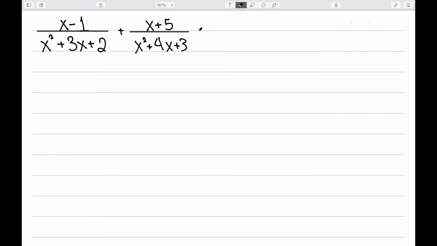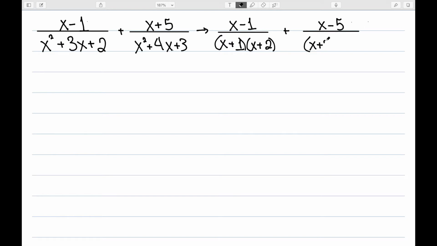Here's my next example. Just like before, the first step is to factor these denominators. Two things that multiply to be 2 are 1 and 2, and these also add to be 3. For the second one, I need numbers that multiply to be 3 and add to be 4, and that will be 1 and 3.